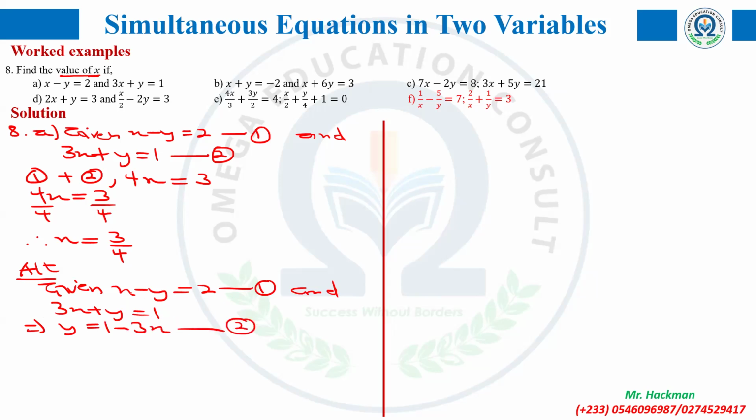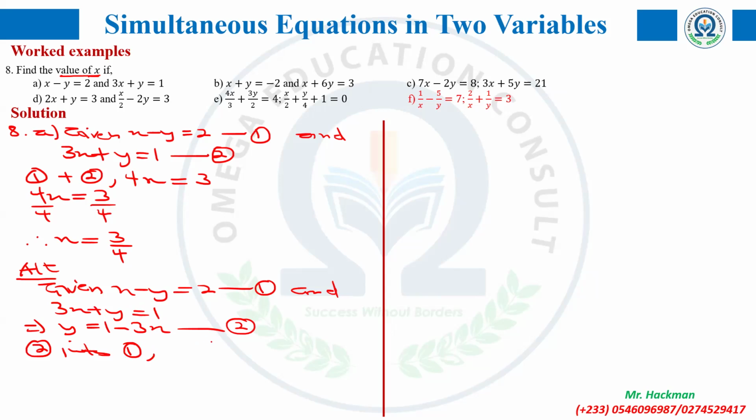Or you can label it and write from 1, make y the subject, or from 2, make y the subject. Because you are looking for x, you make y the subject, which will be in terms of x, then you go and substitute. Then you find x straight away. So I'll put equation 2 into equation 1.